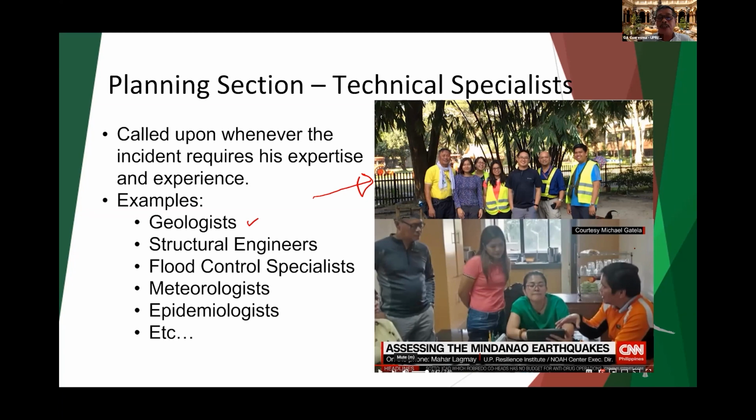Now, in the second picture, our team coordinated with the acting governor, the person in green, and the acting vice governor, Shirley, who was the incident commander at that time. So in the case of heavy precipitation, you may need flood control specialists and meteorologists. And in the case of our current pandemic, you may need epidemiologists, mathematicians, etc.